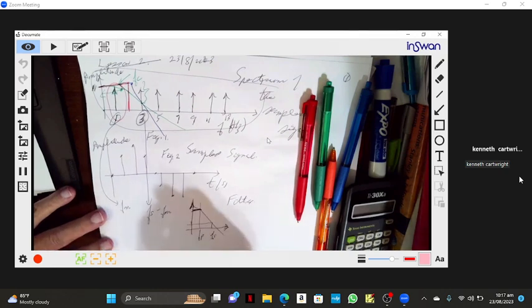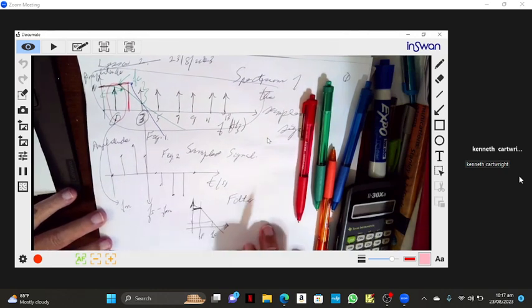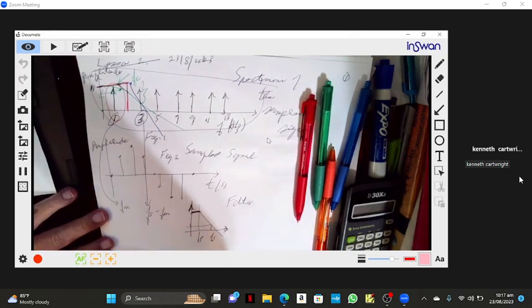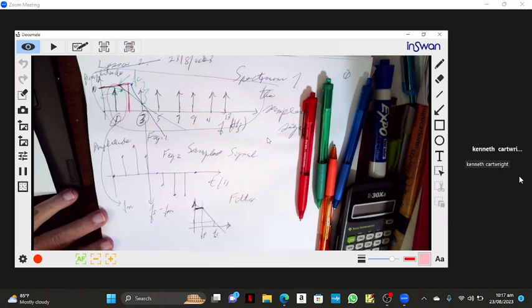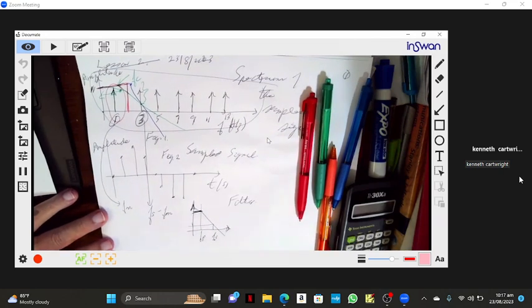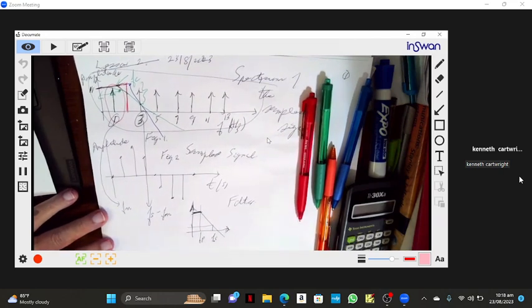Go back to 410. There was no sampling frequency in 410. That FS didn't mean sampling frequency. What did that mean?